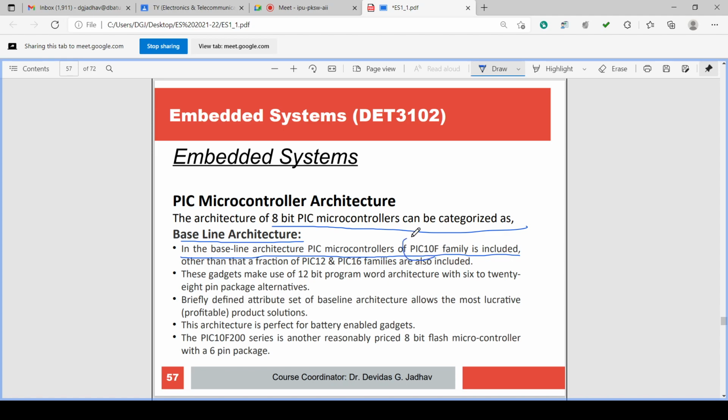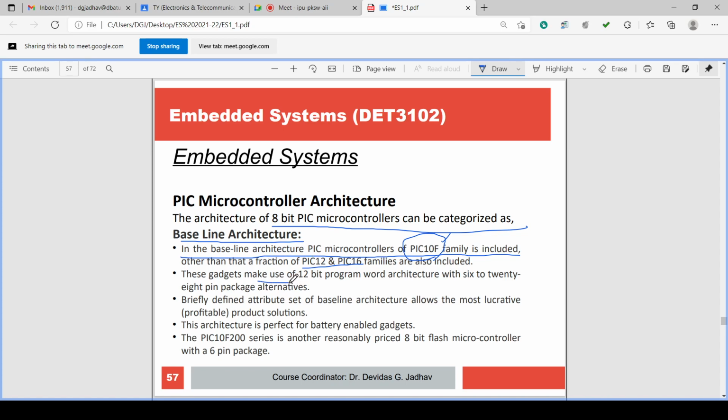Just like the 8051 family microcontrollers, which are 8052, 8031 and 8051, similarly there is the PIC 10F family. Other than that, the PIC 12 and PIC 16 families are also included.